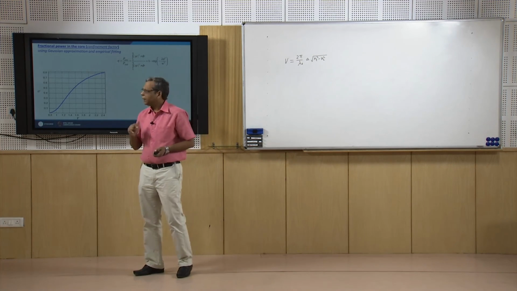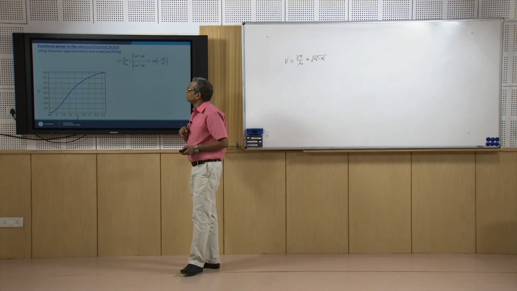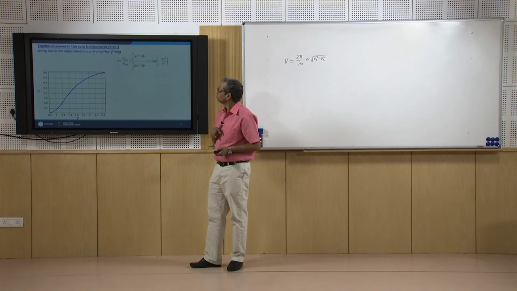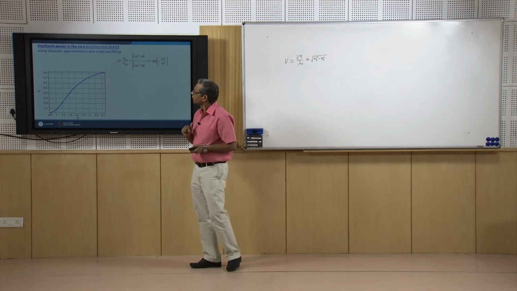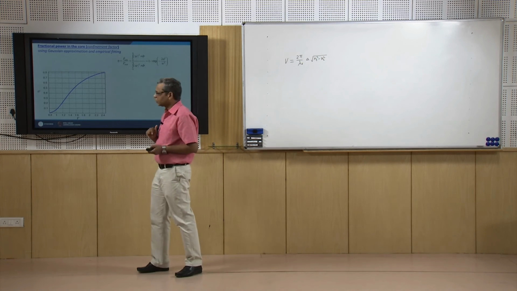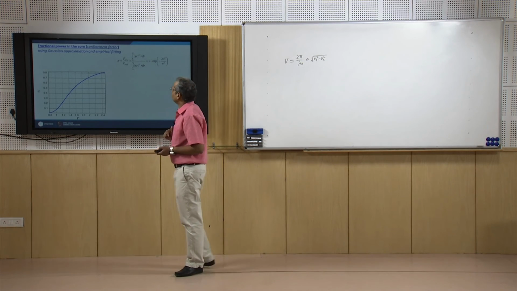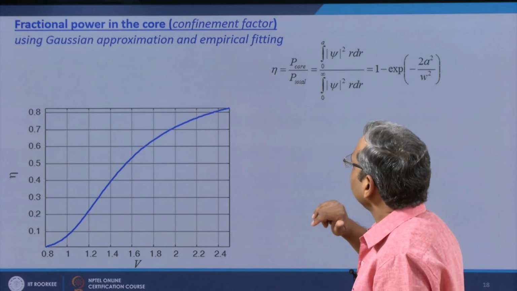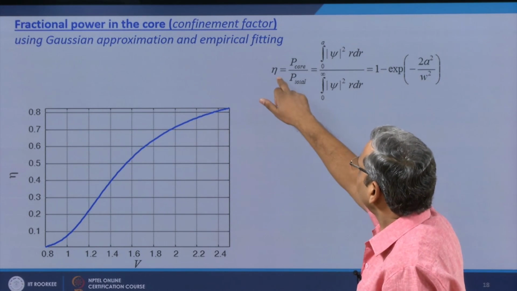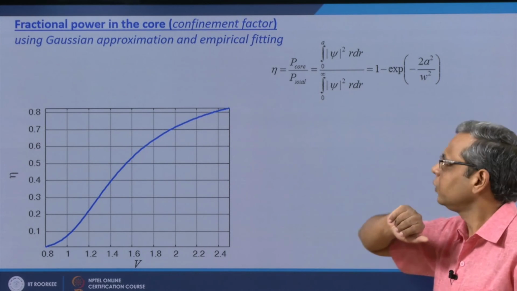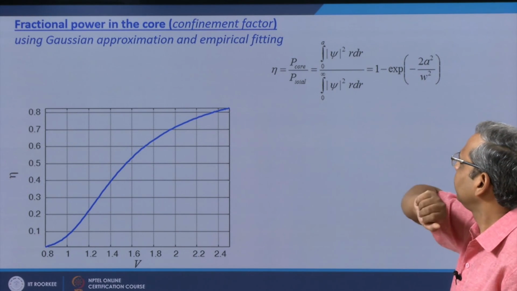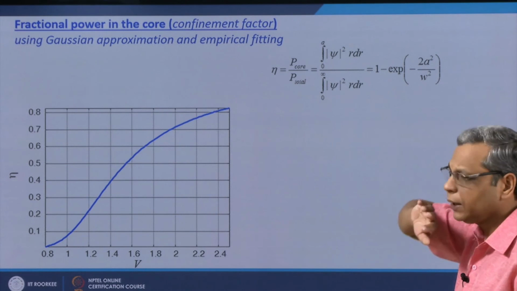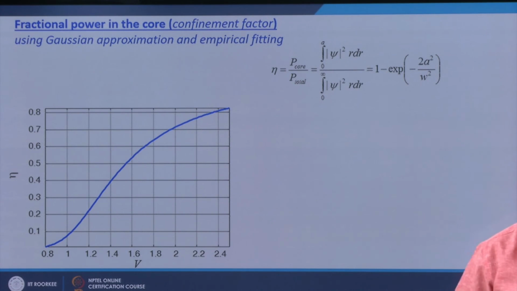Now, let me look at the fractional power in the core and see how good the Gaussian approximation and empirical fitting is. I have calculated the fractional power in the core, given as P core over P total, while considering the Gaussian spot size.